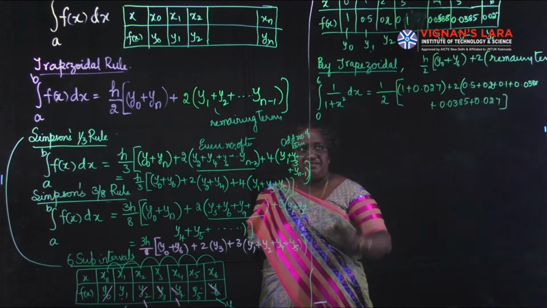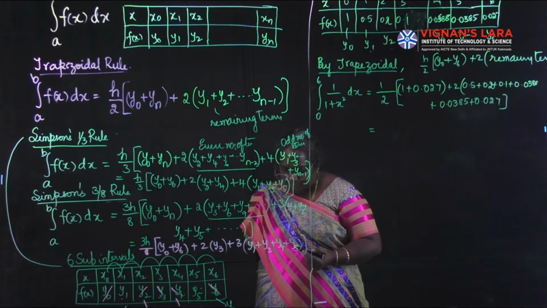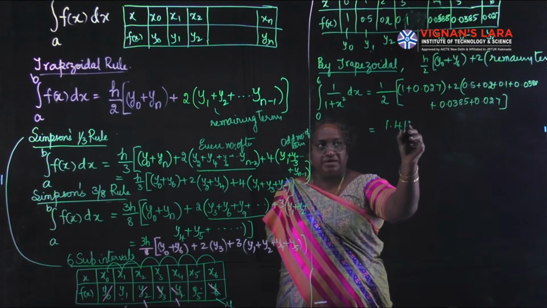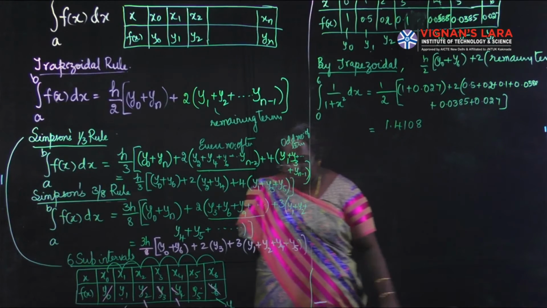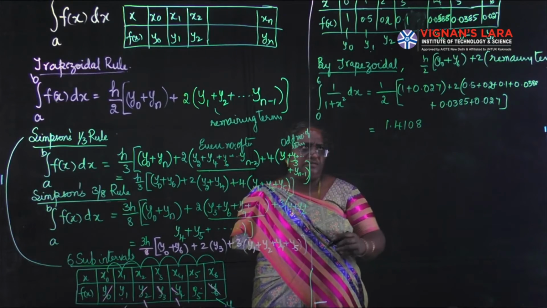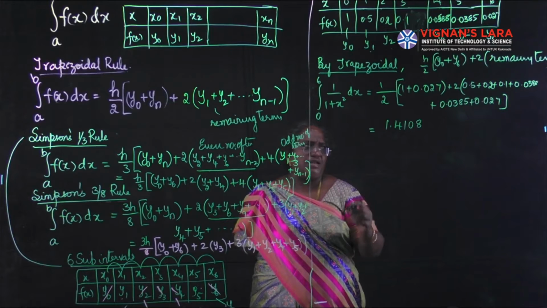If you evaluate this, it comes to be 1.4108. You can simply calculate this using a calculator. Use the Bodmer's rule and calculate.